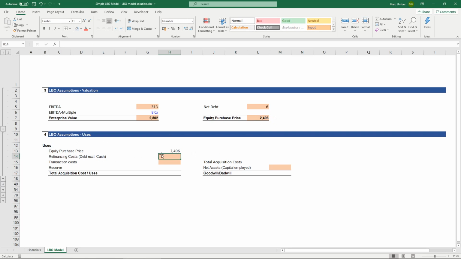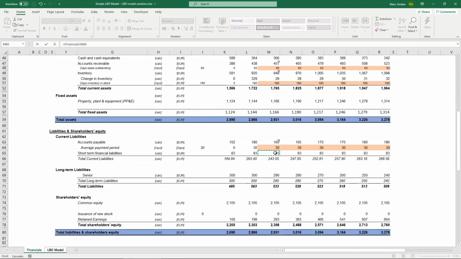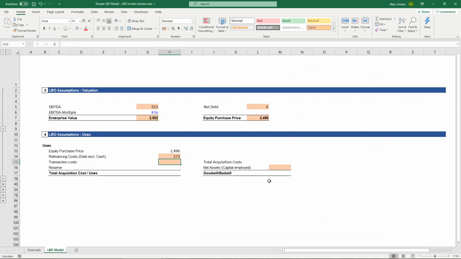And now we need to know how much debt we need to refinance. This is all the debt that is existing in the company, excluding cash. We want to pay down all the existing debt, so we go back to the balance sheet, take the short-term debt and the long-term debt that is outstanding at the end of 2021, since the LBO transaction takes place in early 2022.